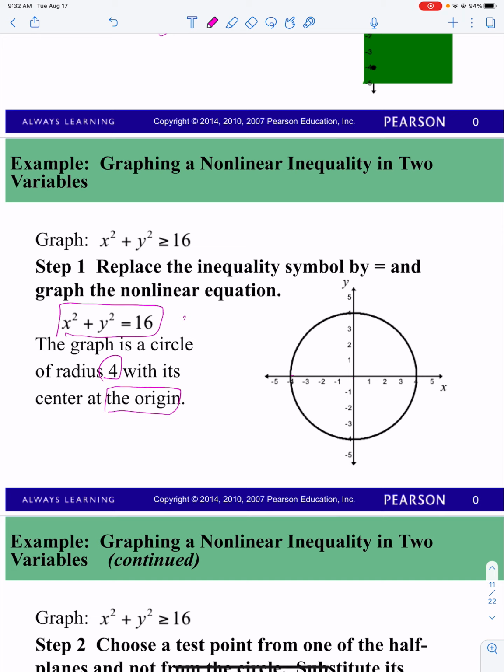Similarly, what is the test value? 0, 0. So 0 squared plus 0 squared bigger than or equal to 16, so 0 bigger than or equal to 16. False again. So we do not want to shade here, we want to shade outside.